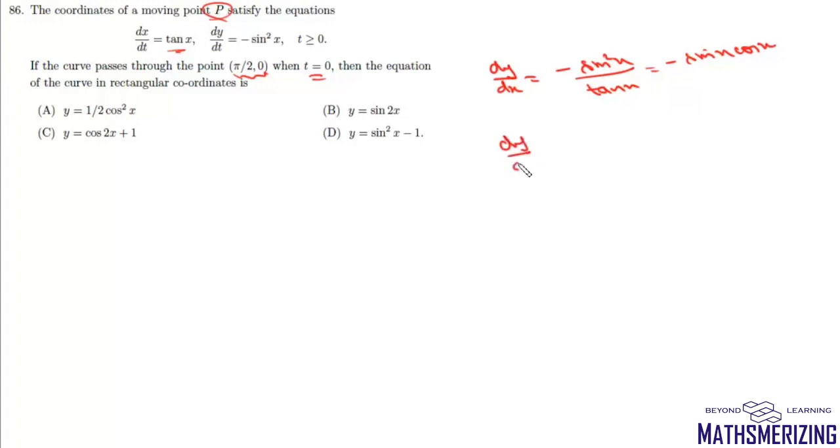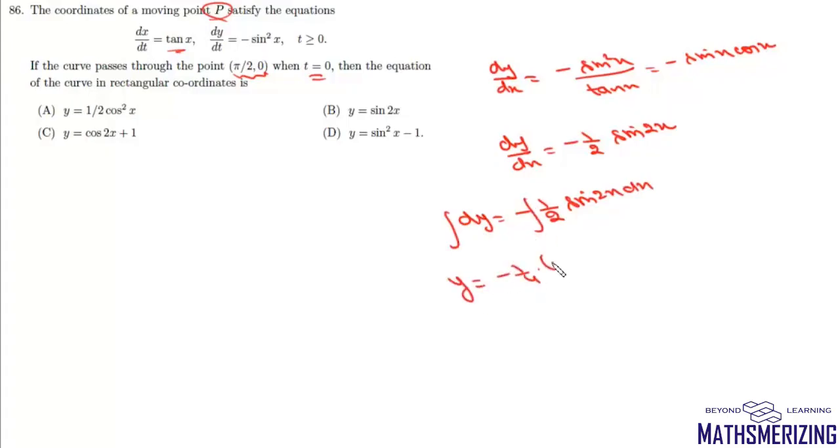So we'll write dy by dx as minus 1 by 2 into sine 2x. Now we can write this as dy equals minus 1 by 2 sine 2x dx. Now we'll integrate. We'll write y equals minus 1 by 4 into minus cos 2x plus c.